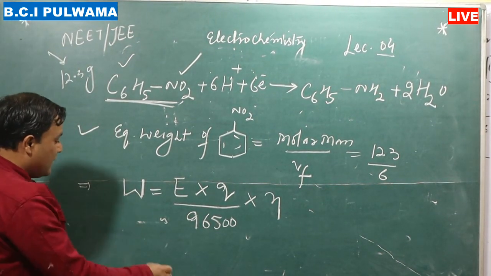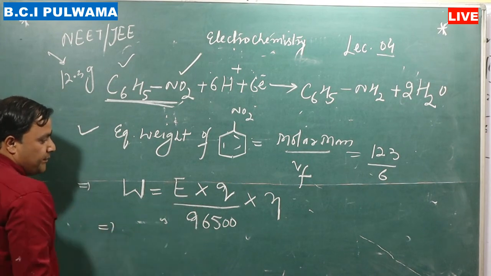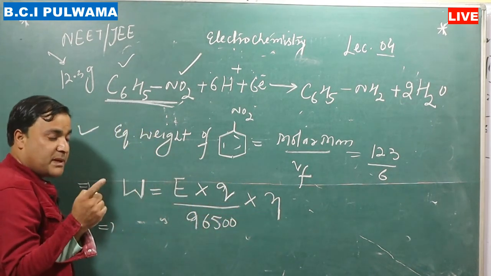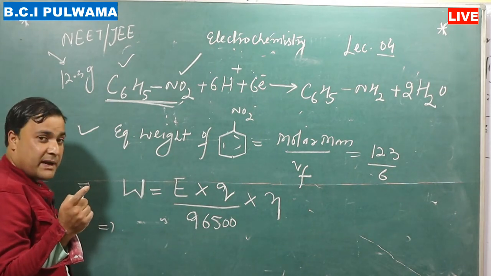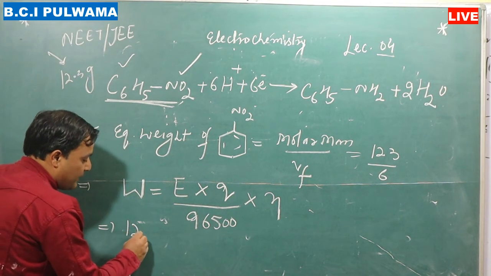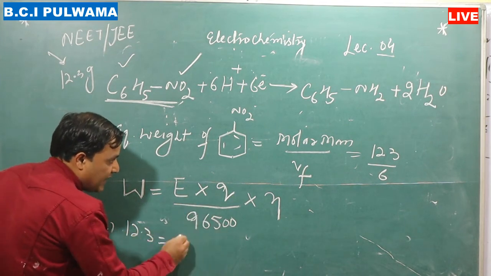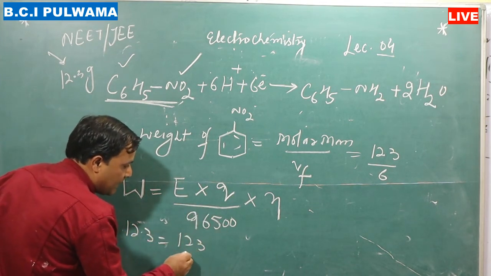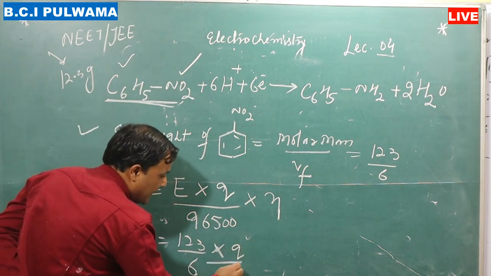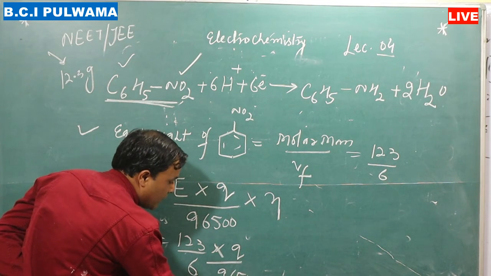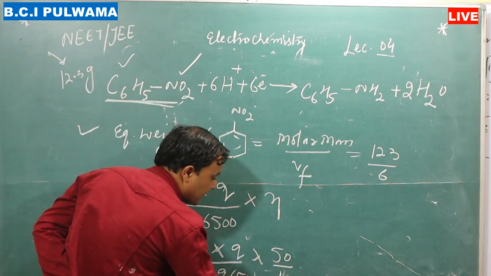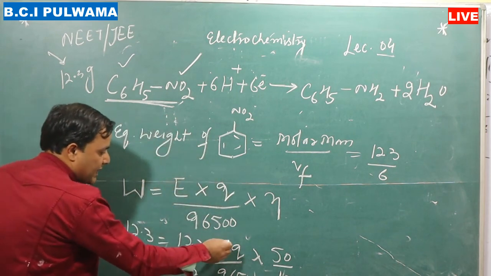The efficiency is 50%, that is 50 by 100. So 12.3 is equal to equivalent weight 123 by 6, into Q, divided by 96500, into efficiency 50 divided by 100. You can calculate the value of Q.